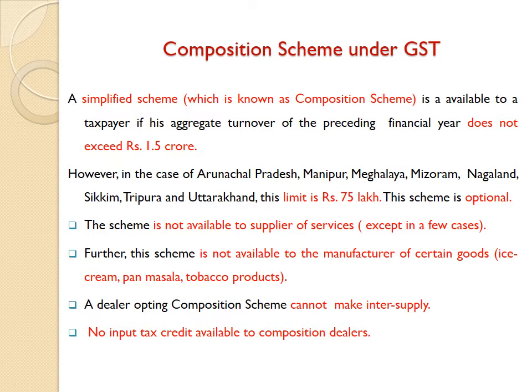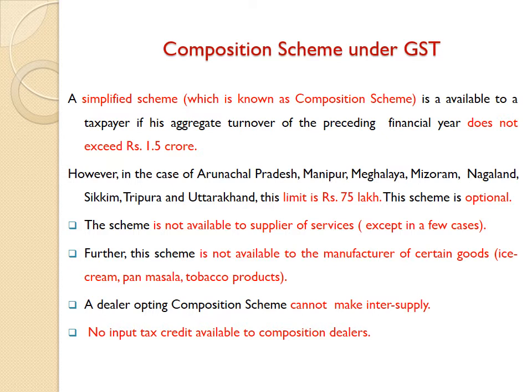However, in the case of Arunachal Pradesh, Manipur, Meghalaya, Mizoram, Nagaland, Sikkim, Tripura and Uttarakhand, this limit is 75 lakh. This scheme is optional. It is not compulsory.